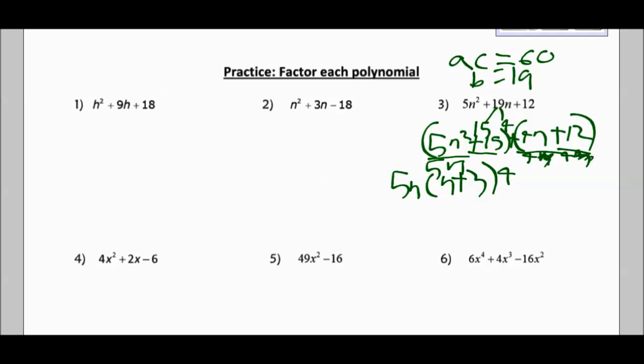And then you have n plus 3 on both sides, and then your first term, the term in both parentheses. So it's n plus 3. And then the second one is the 2 GCFs, so it's 5n plus 4.